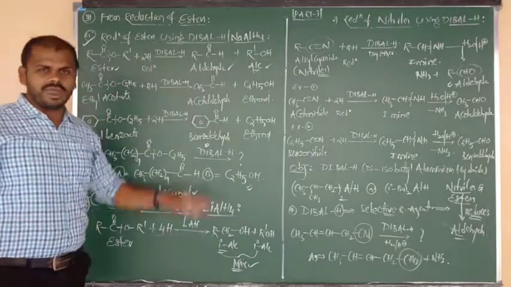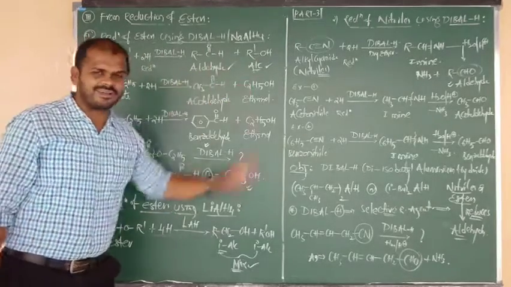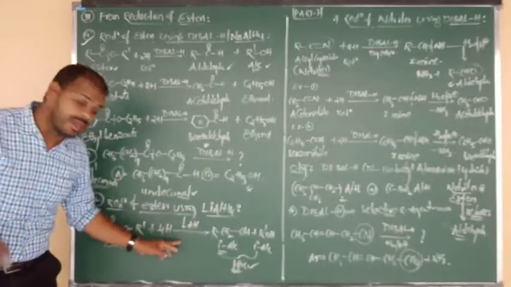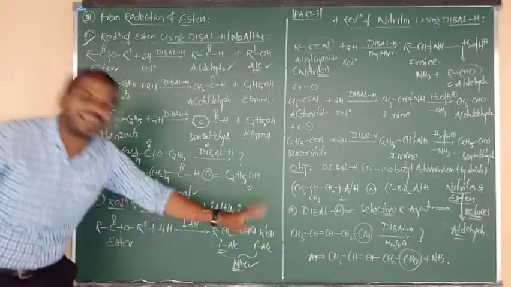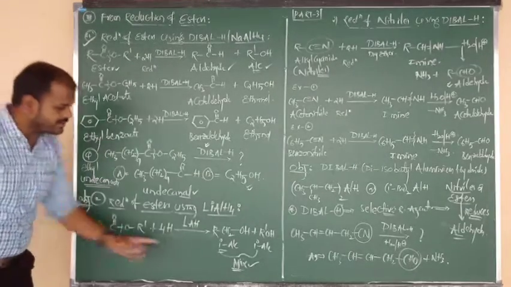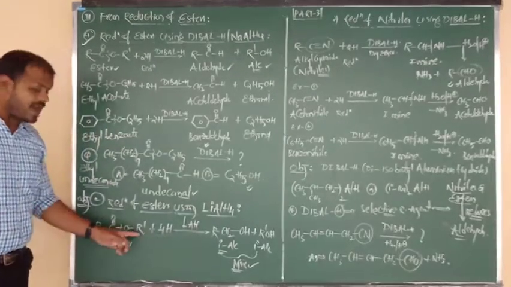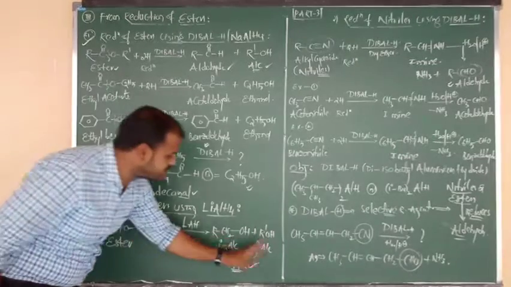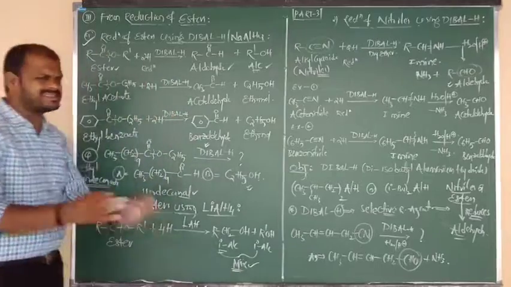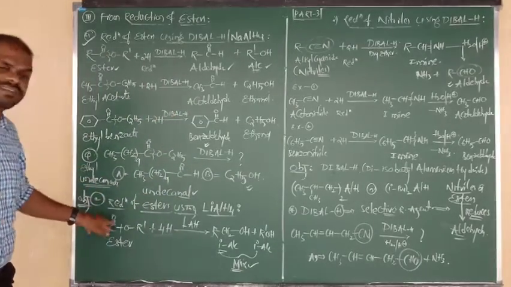Esters upon reduction with DIBAL-H give aldehydes and alcohol, but esters upon reduction with lithium aluminum hydride give a mixture of primary alcohols. Suppose R is replaced by CH3, we get CH3CH2OH. R prime replaced by CH3 gives CH3OH. Otherwise R prime replaced by C2H5 gives C2H5OH. The side product you can write easily, but focus on this one.